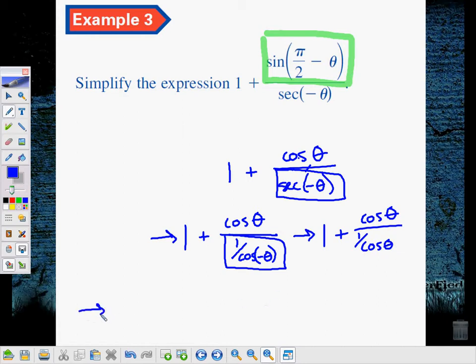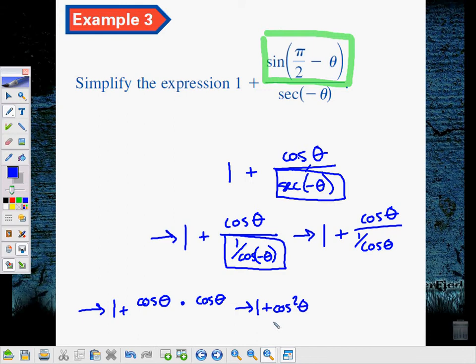Now remembering back to an algebraic principle, instead of dividing by a fraction, I multiply by its reciprocal. So my 1 plus cosine of theta is now multiplied by cosine of theta over 1, or just cosine theta. Cosine times cosine, that's cosine squared, so 1 plus cosine squared.